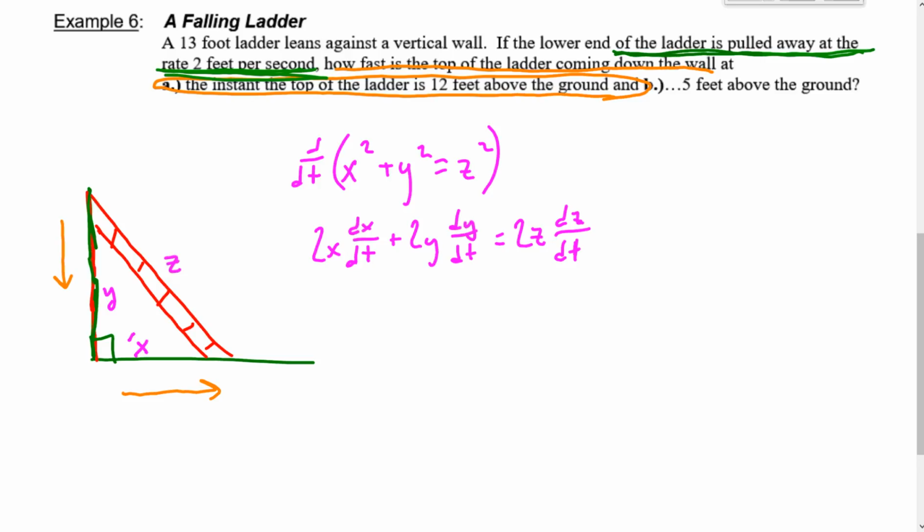Since x describes the horizontal movement, dx/dt must equal positive 2 since it is increasing its distance from the bottom of the building. So that's getting plugged in there for dx/dt.